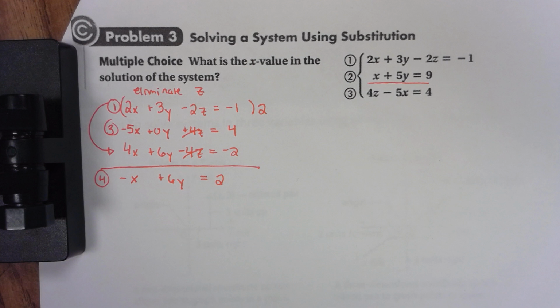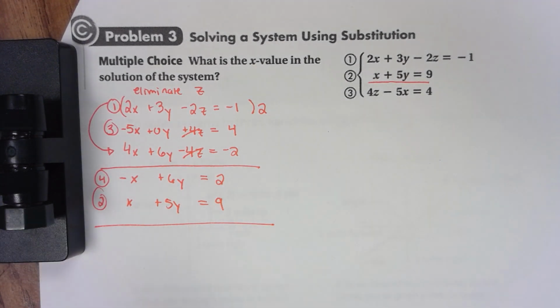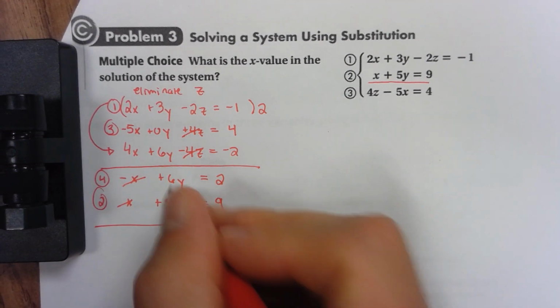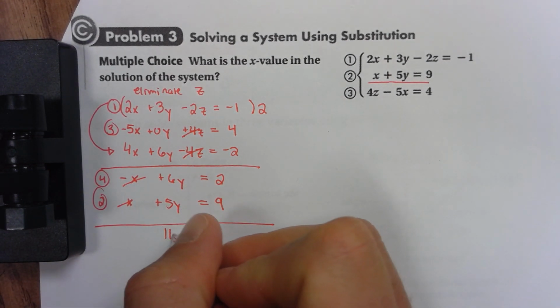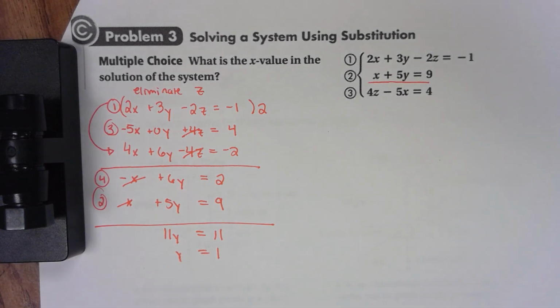And now, with equations 4 and 2, which have x's and y's, I can work to eliminate one of the variables, either x's or y's. And I'm noticing that x's will eliminate right from the start just by adding them together. So x minus x go away. 6y and 5y is 11y, and it equals 11, and thus y equals 1.